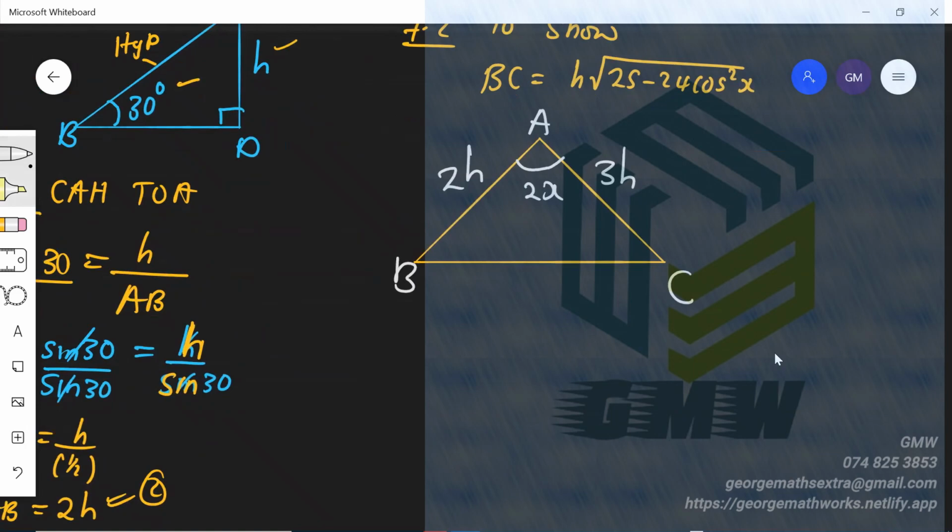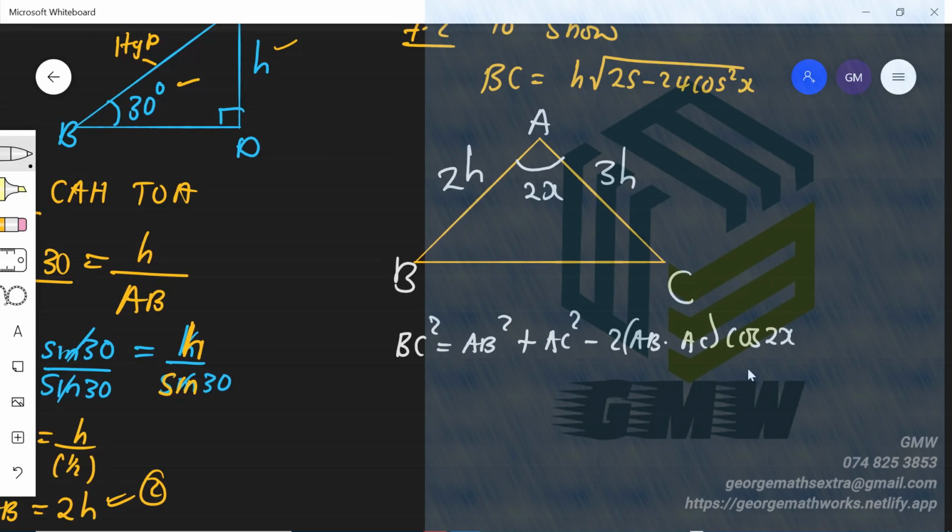With this type of info, what do we choose? Definitely the cosine rule, because if you choose sine, you want to find BC, you don't have enough angles, right? So BC squared equals, because BC is the side opposite the angle, agreed? Exactly. So BC squared is equal to AB squared plus AC squared minus 2AB times AC, then cos of the angle 2x.